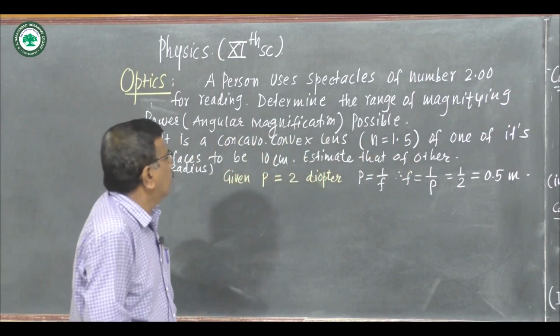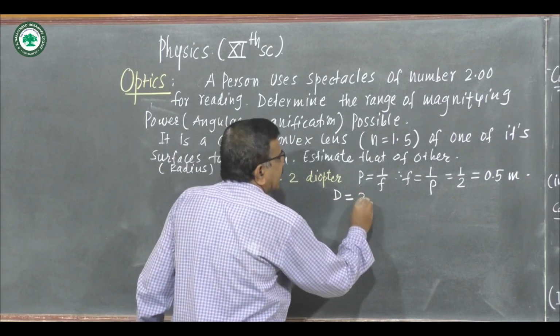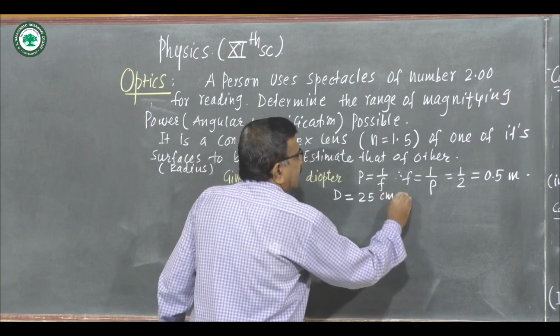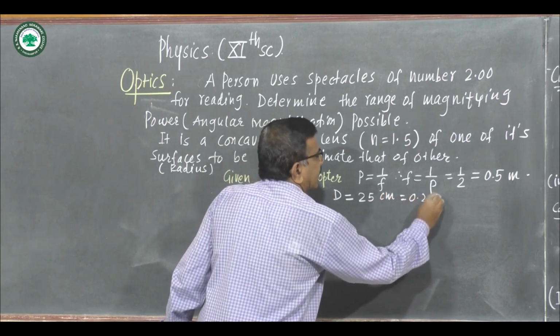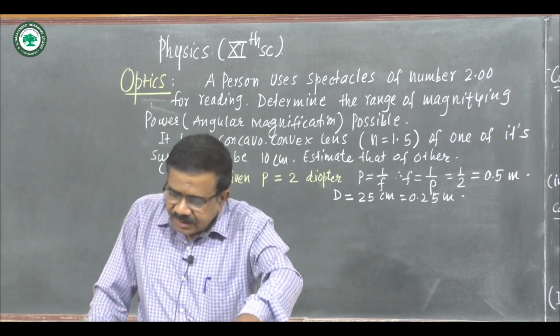And we also know the distance of distinct vision for a normal human eye is 25 centimeter, that is 0.25 meter.